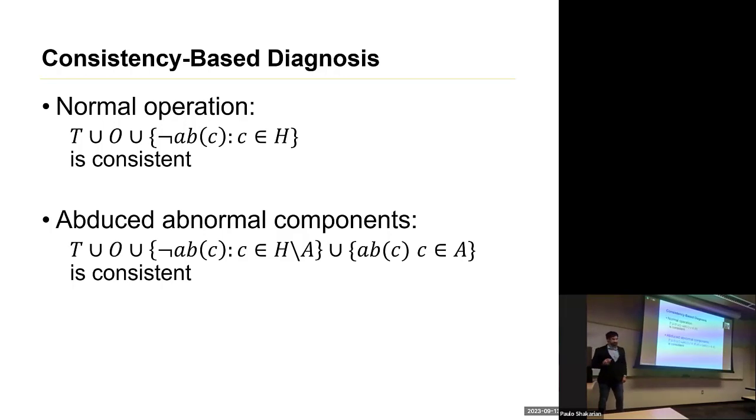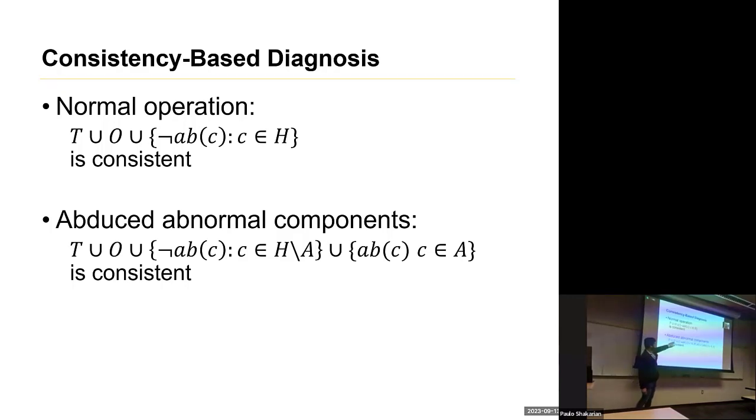So if the system is operating normally, the theory unioned with the observations, unioned with the negation of abnormalcy for each of the hypotheses, must be consistent if everything is going well. But again, the whole reason you want to do this is you have the system description, and you observe things going wrong with this very complicated system, and you want to abduce which components are responsible.